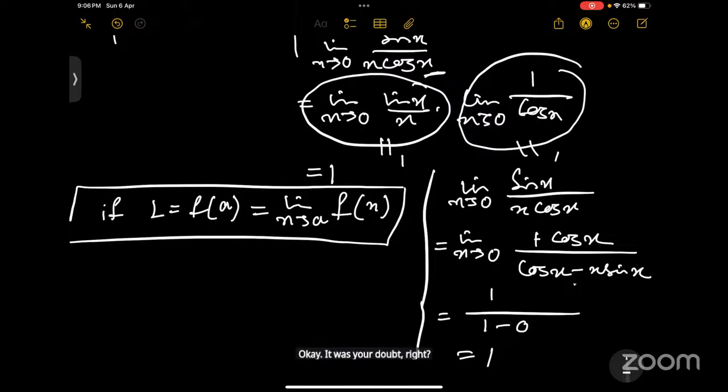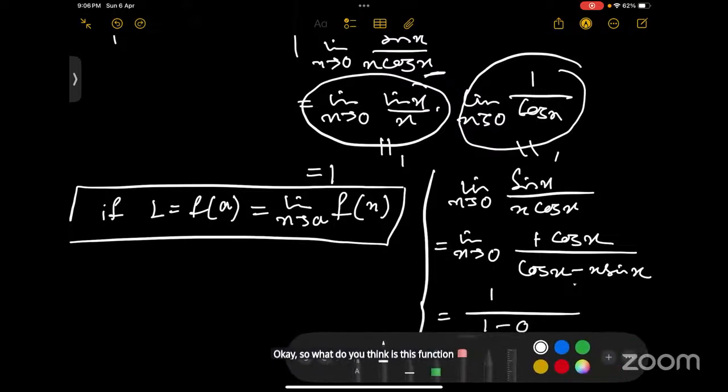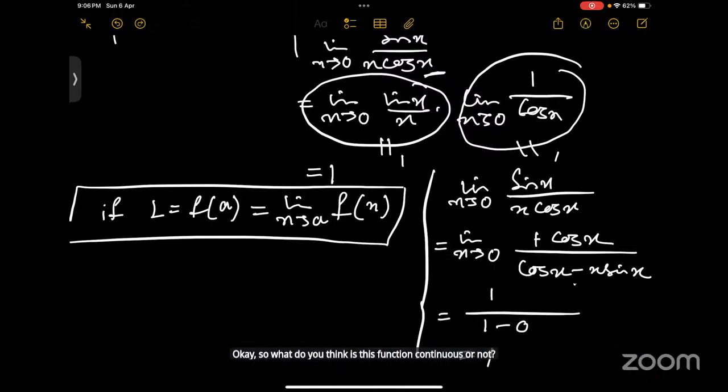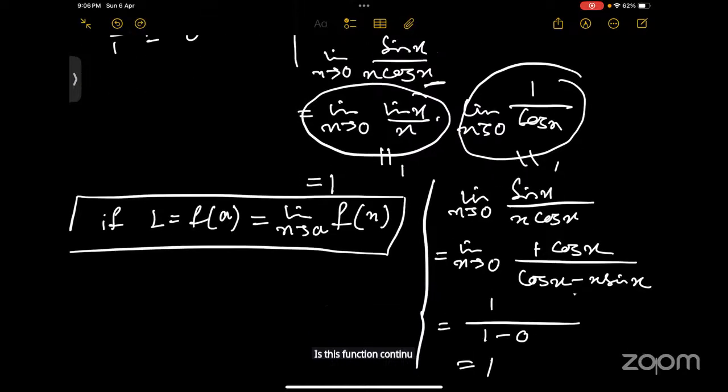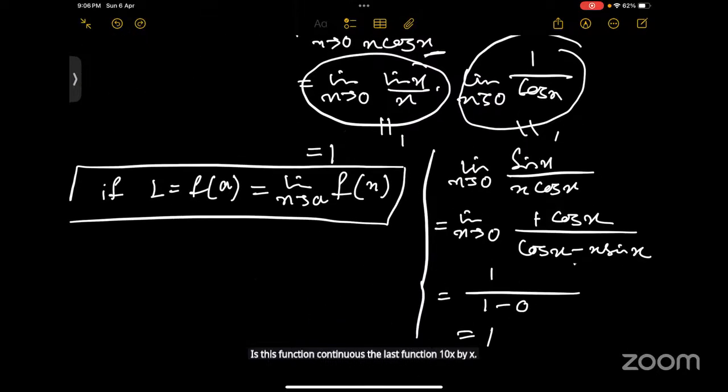Okay. So what do you think, is this function continuous or not? The last function, tan x by x, at the point 0. No, ma'am. So continuous means we have the limit L equal to 1, and if this is equal to f of a, in that case we can say it is continuous.